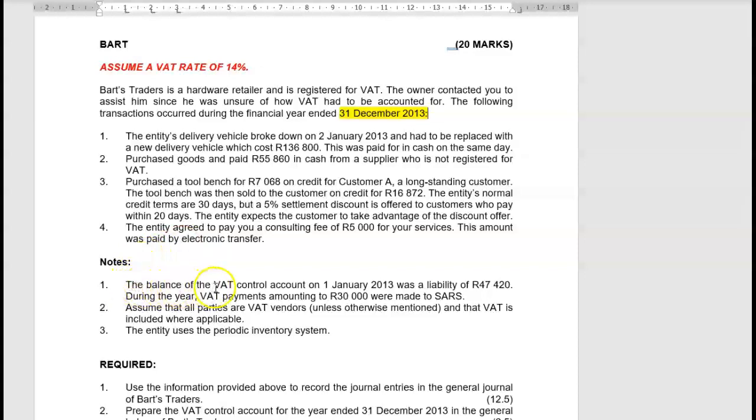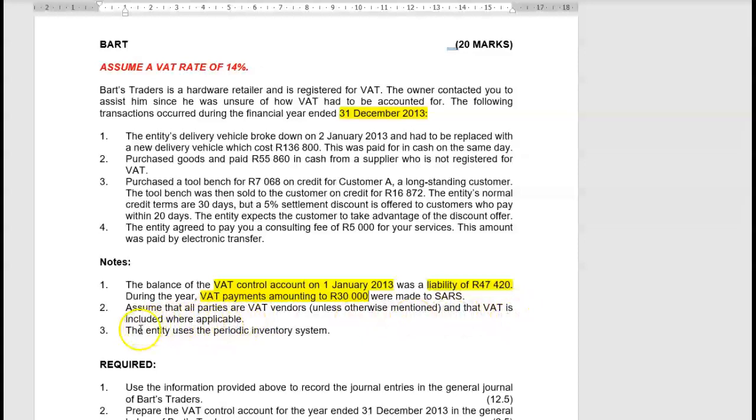They say the balance on the VAT control account on 1 January 2013 was a liability of 47,420. During the year, VAT payments amounting to 30,000 Rand were made to SARS. Assume that all parties are VAT vendors unless otherwise mentioned and that VAT is included where applicable.